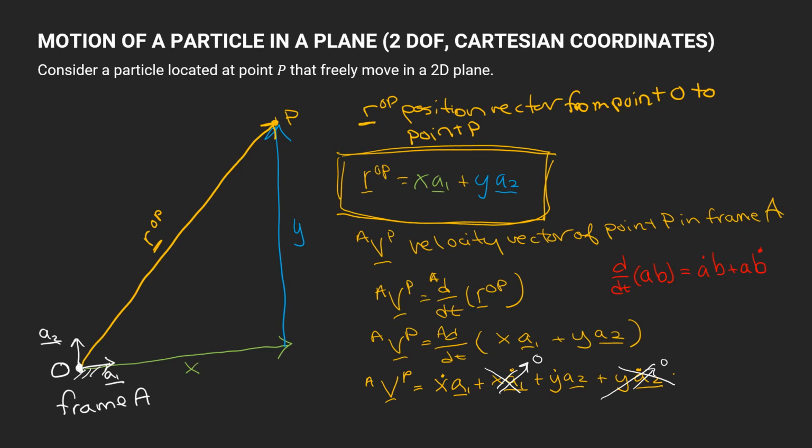And with that, we can then write out our velocity of point P in frame A as the time derivative of x times a1 plus the time derivative of y multiplied by a2. There you have it.